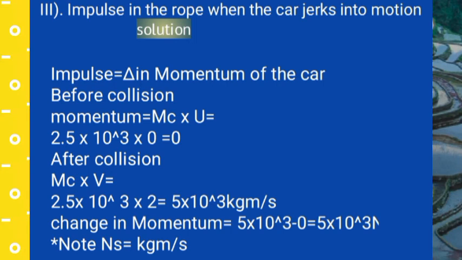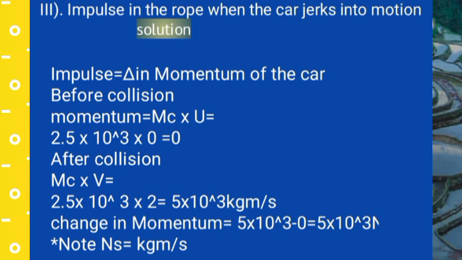The third question says, find the impulse in the rope when the car jerks into motion. The impulse is what? Change in momentum. So we are talking about the change in momentum of the car. So the momentum before collision is mc times initial velocity, and that is 2.5 times 10 raised power 3 times 0.